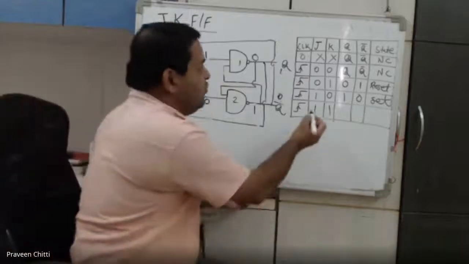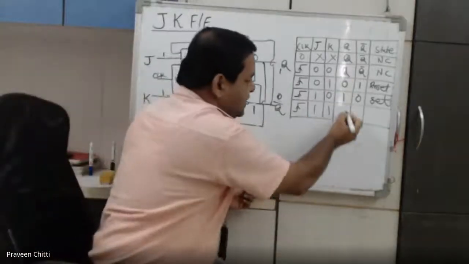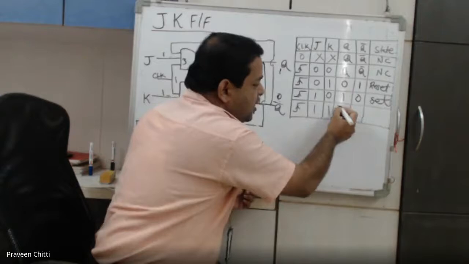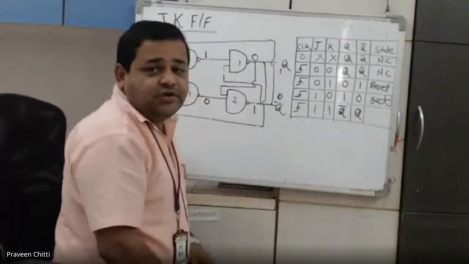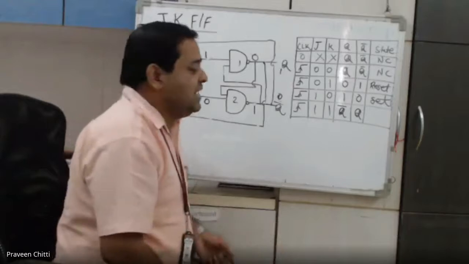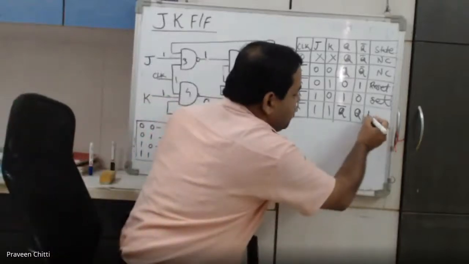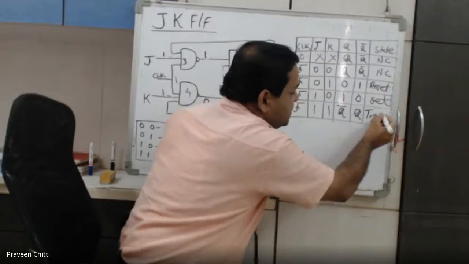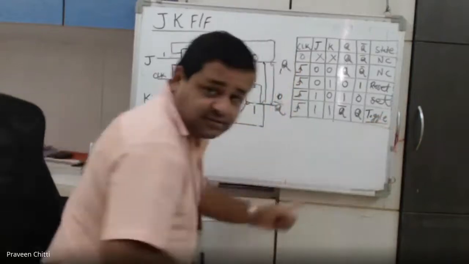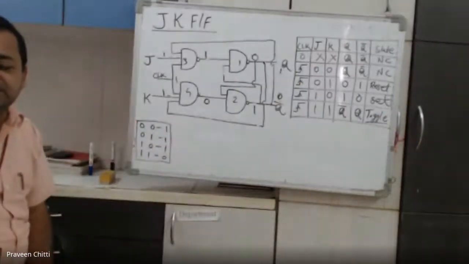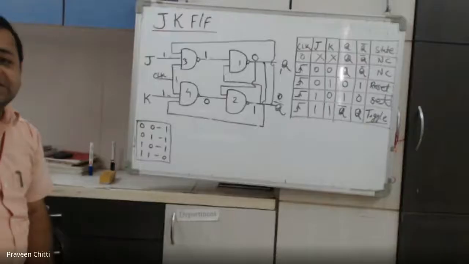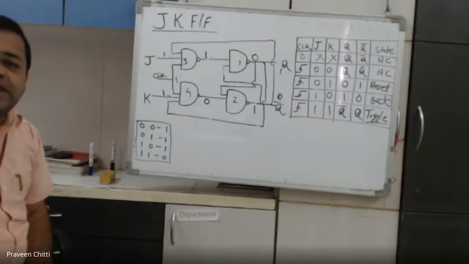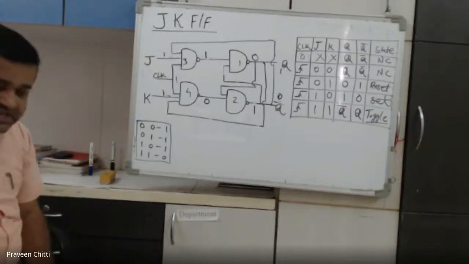Hence, for J1, K1, whatever is the value of Q, you take the complement of that, and Q bar will become the complement of that, which means Q. And what is this state of the flip-flop called? Yes, toggle. Toggle state of the flip-flop, which is a very important property of the JK flip-flop.